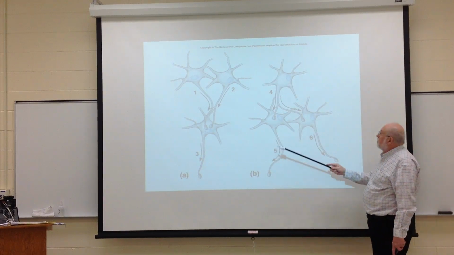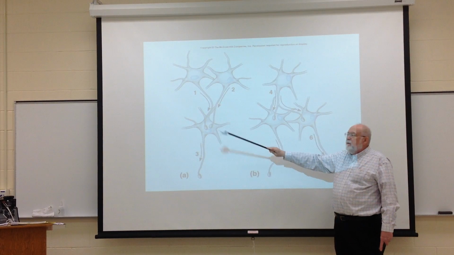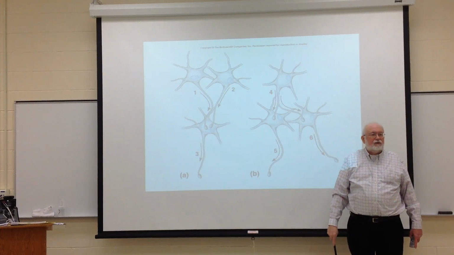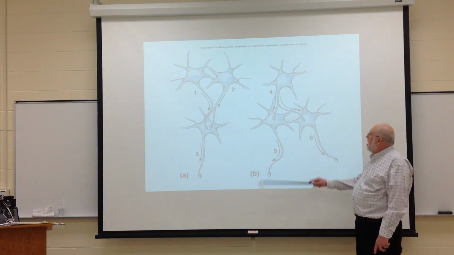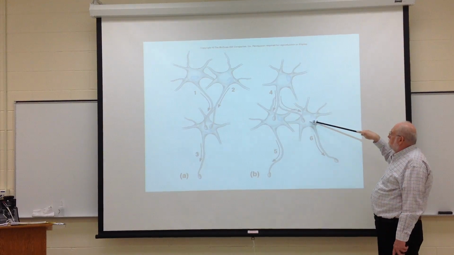All right? Another thing you might find here is one of these may be releasing inhibitory transmitters and the other one is excitatory. What's going to happen if only the inhibitory one is released? Nothing, yes.